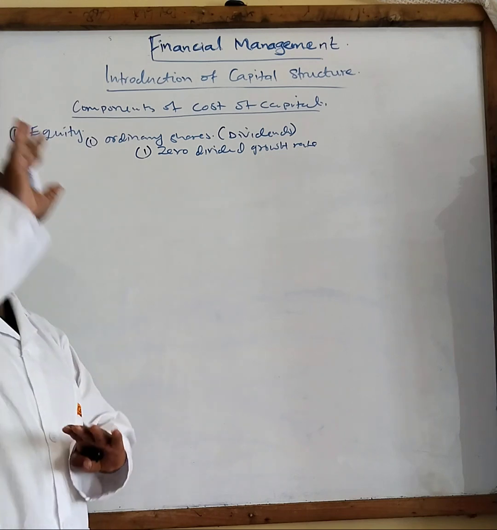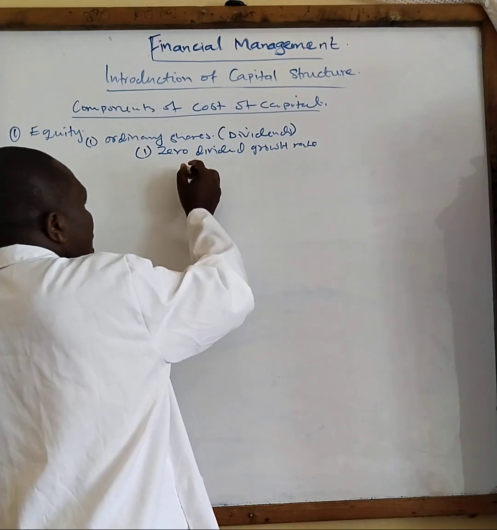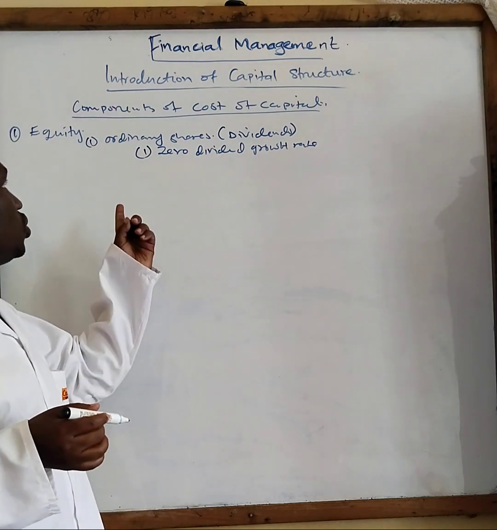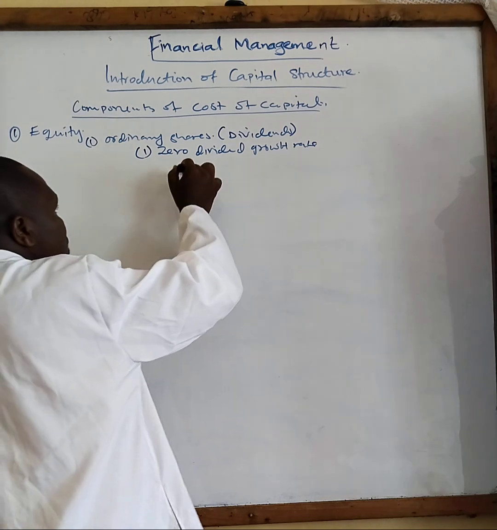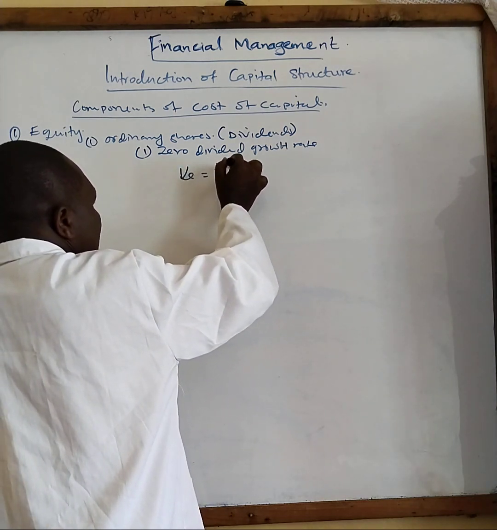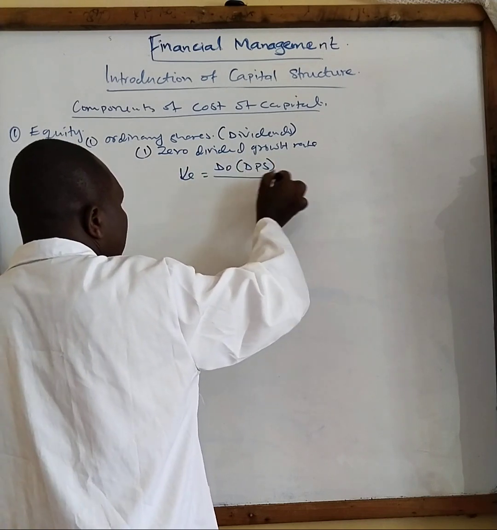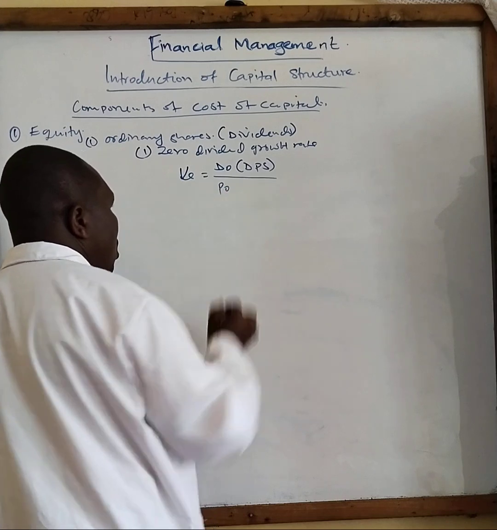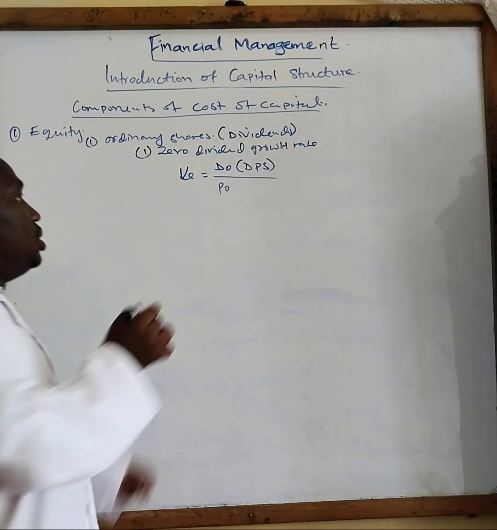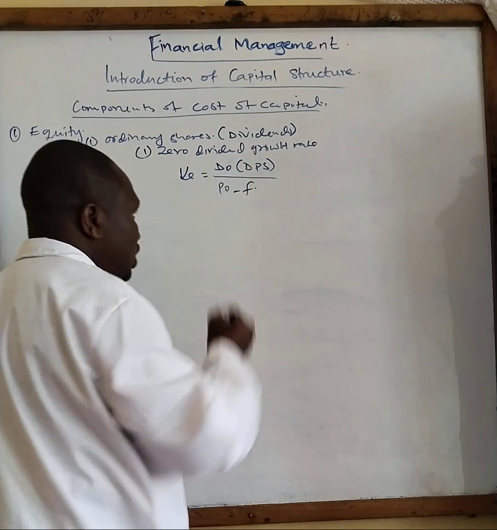It cannot increase or decrease for several years. So we can say cost of equity, KE, is given by DPS or D0, over market value. And this market value in most cases is affected by flotation.